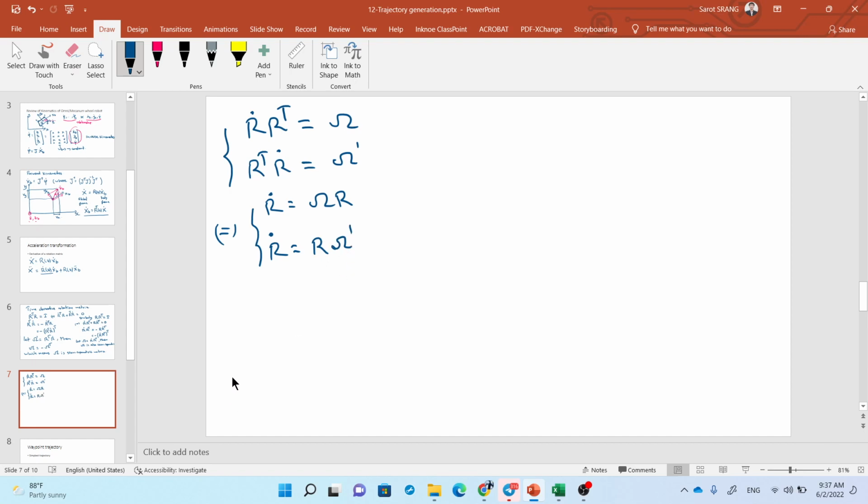So these two mean omega R equal to R omega prime. This tells you now that omega and omega prime must be related, right? So I can write omega equal to R times omega prime times R transpose.